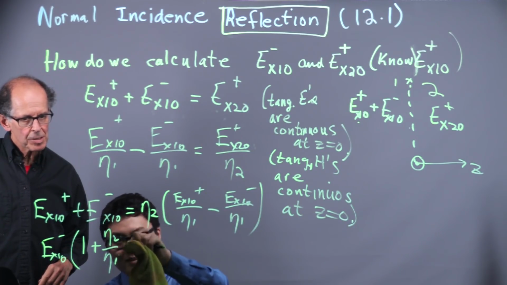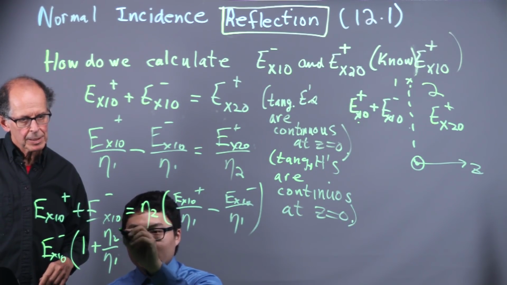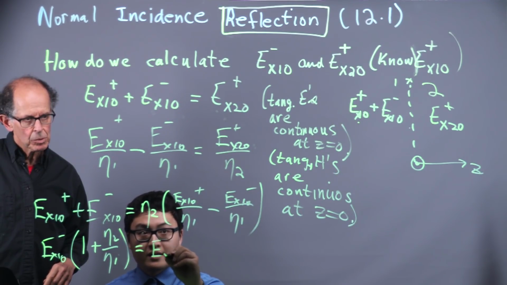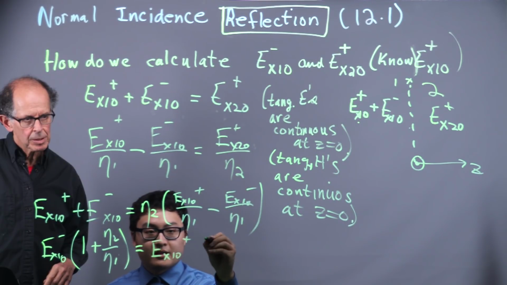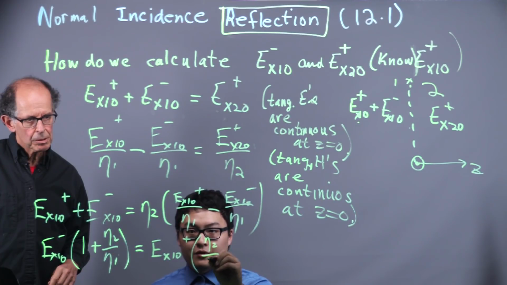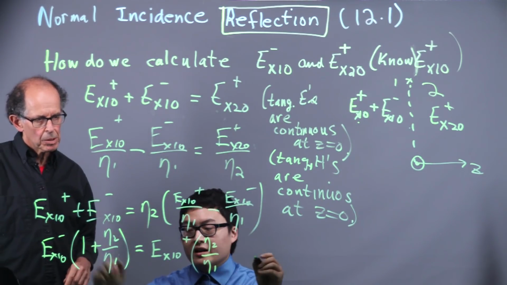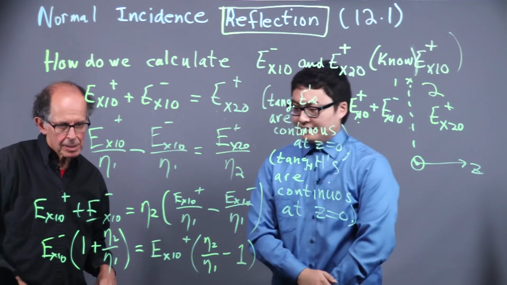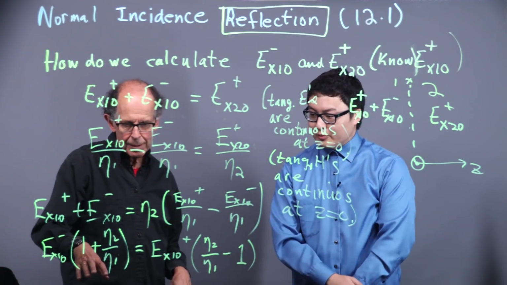So I think that's it for that. And now we have E_x10 plus times eta 2 over eta 1 minus 1. All right, now, do I get 100% on that?